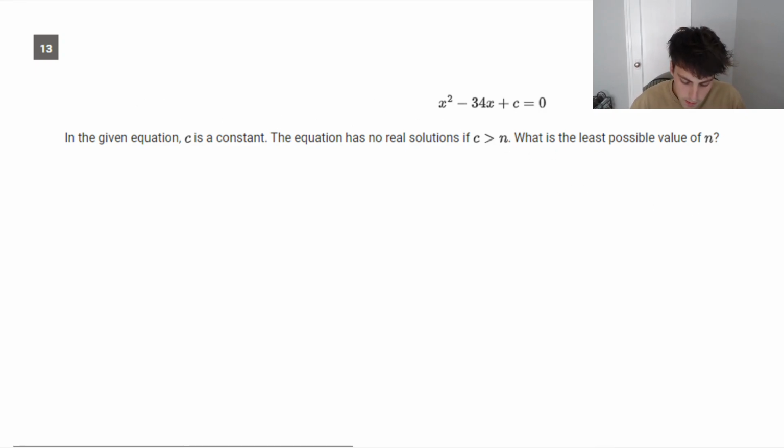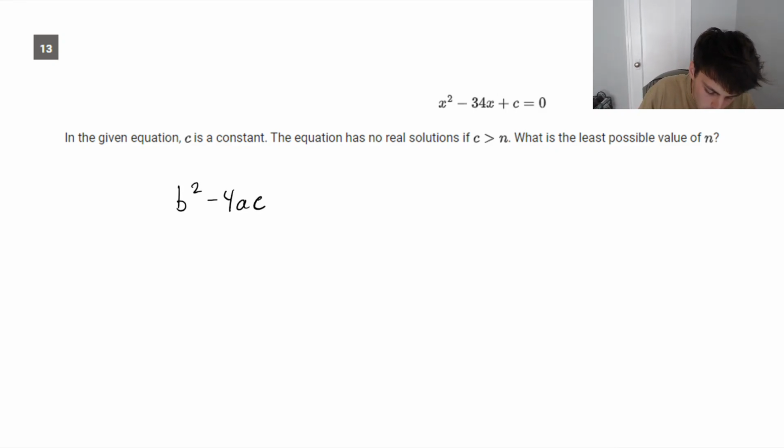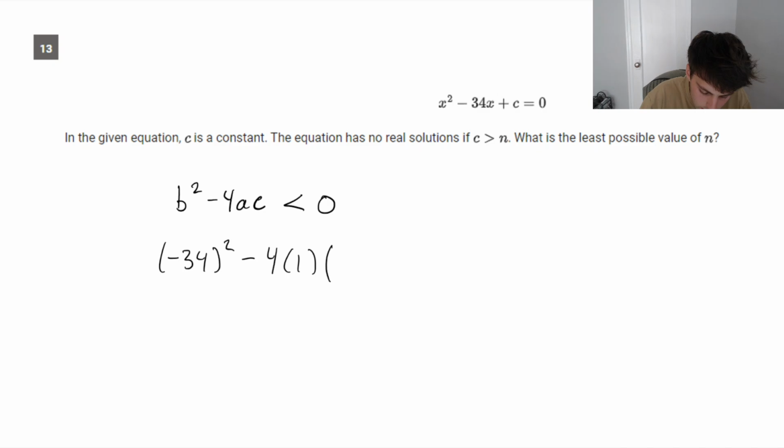Okay, so this one, we're looking at when this quadratic has no solutions. So immediately I'm thinking discriminant. So we know discriminant b squared minus 4ac for no real solutions has to be less than 0. Okay, our b squared is going to be minus 34 squared minus 4 times 1 times, we don't know c yet.